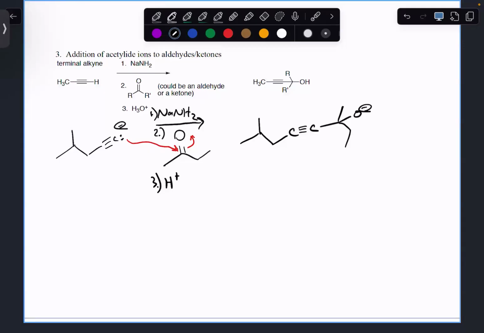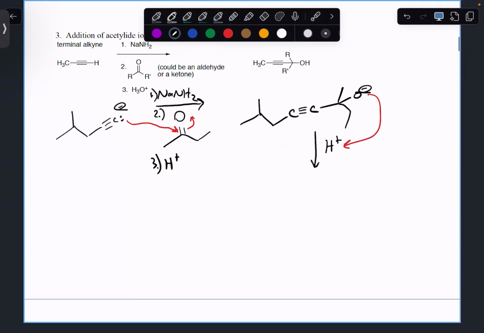That would be the initial addition product. In step three, it shows you add acid, and the reason for that is to protonate the resulting alkoxide. That would be the alcohol product.